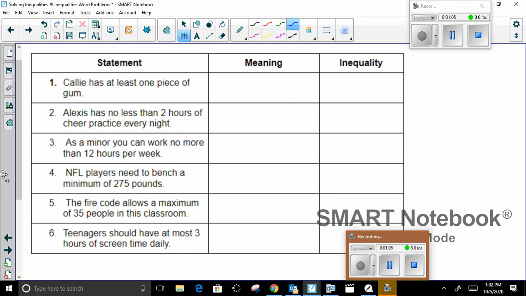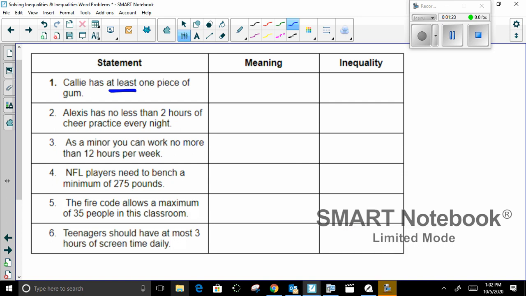Callie has at least one piece of gum. What do you think the word at least means? So she has one piece of gum. Does she have more than one piece of gum, or does she have less than one piece of gum?